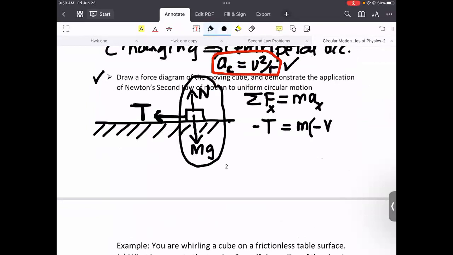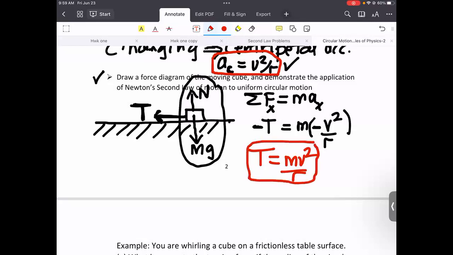So that will be v squared over r. The minus sign means pointing to the left. The negative sign is available on both sides of the equation, so we can divide both sides by -1 and the negative sign will drop. So we'll end up with the tension is equal to mv squared over r.